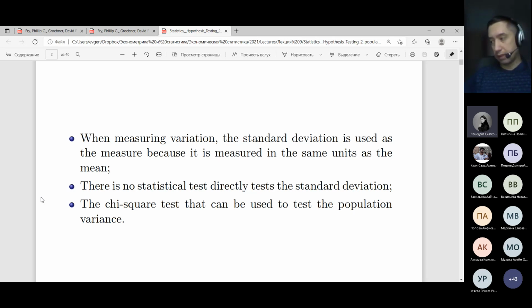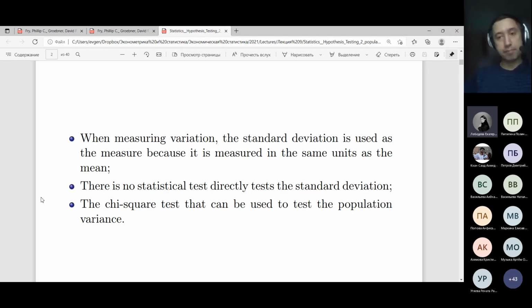Unfortunately, in statistics, we don't have a test that directly compares a standard deviation with a single number or two standard deviations. Instead we work with variances, and we compare variances with certain numbers, or we compare variances if we have two populations.